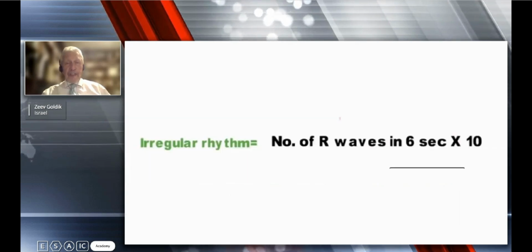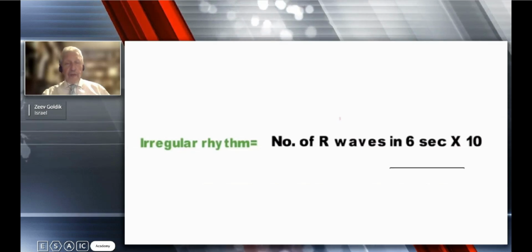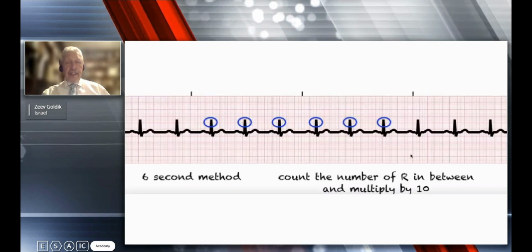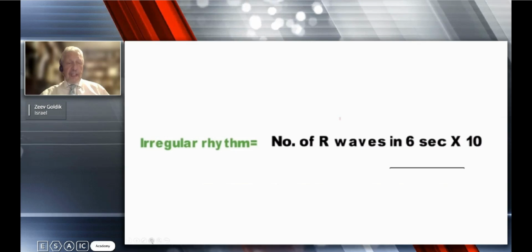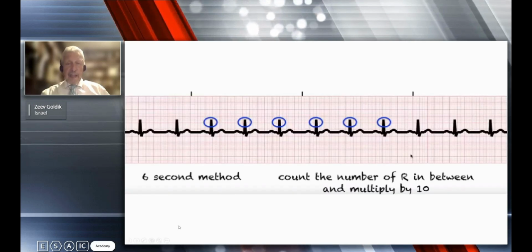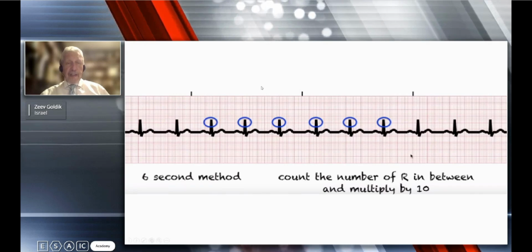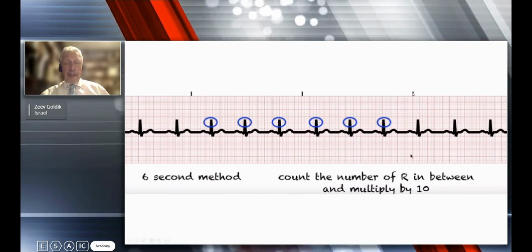If the rhythm is irregular, we cannot calculate it using this rule. We have another one, which is the distance. You can see here at the top, these three marks.